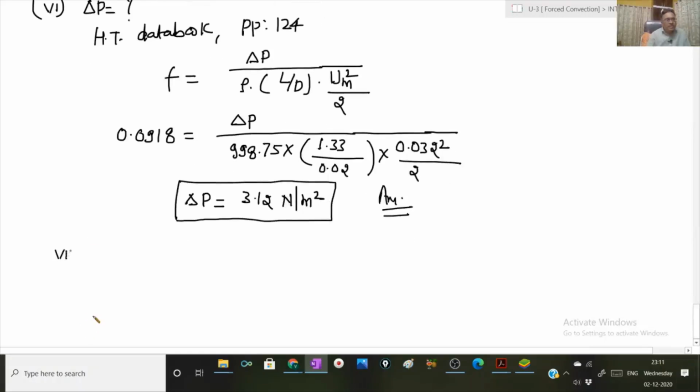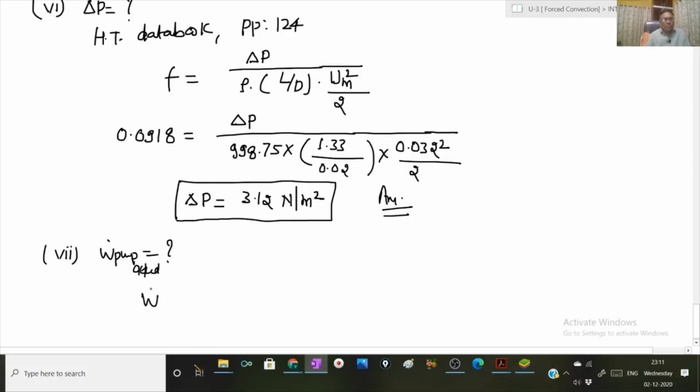Then seventh number is pump work required. So we have this relationship.